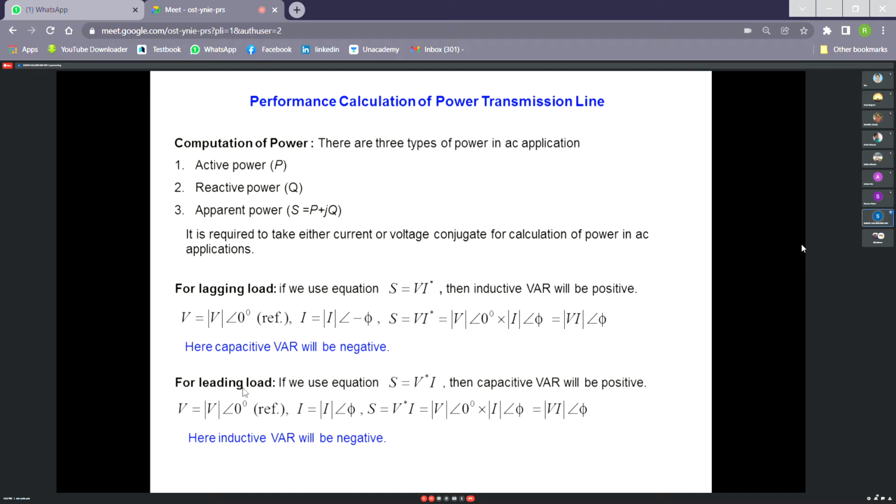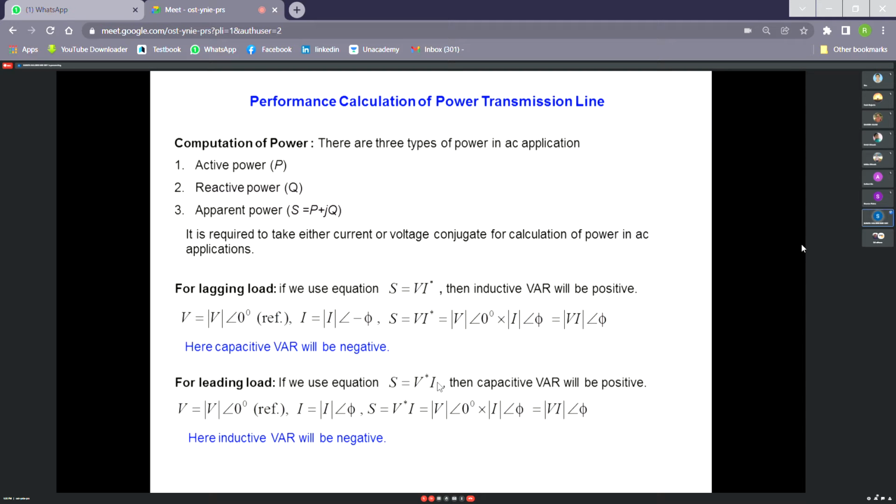Now for leading load, obviously that will be just the opposite. In leading load, current is leading, and if we use the equation V conjugate I, then for leading load, current is leading, so the reactive VAR will come positive. And if we take voltage conjugate, then for inductive load, current is lagging, so the angle will remain the same, negative.